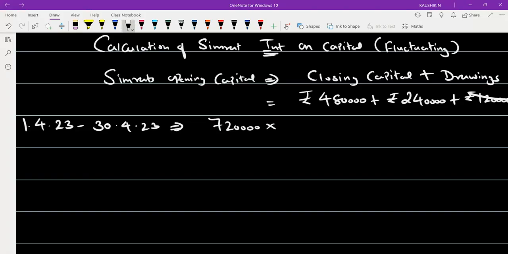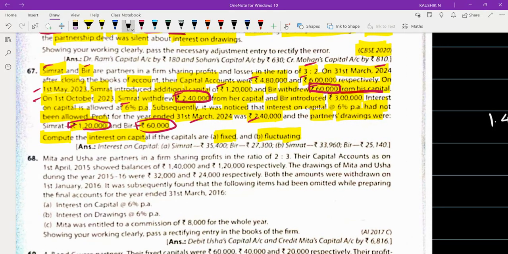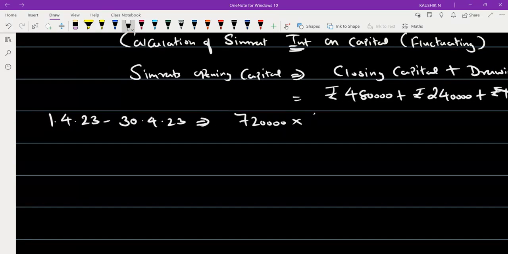7,20,000 into interest on capital. What rate is mentioned in the question? 6% for 1 month. Okay, 6% into 1 by 12. Two zeros, two zeros. One time, two times.